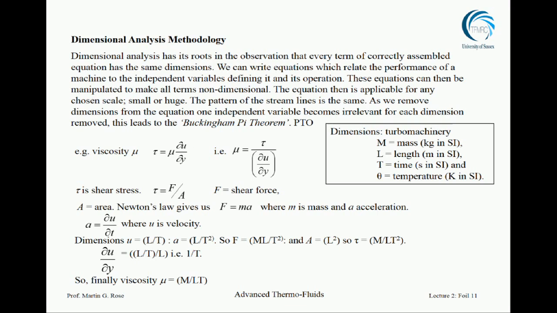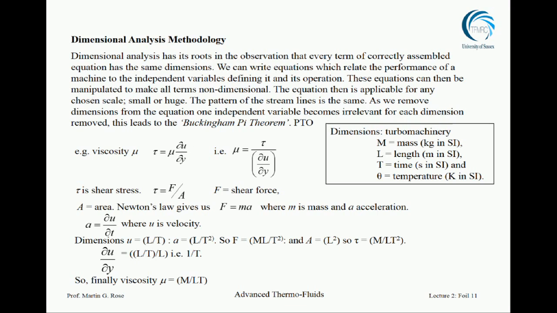And that is that if you write down any equation, no limits, any equation, and you write it down properly, so you have no mistakes in it, then every term in that equation must have the same dimensions. Are you aware of that? Some nods, some raised eyebrows. It is the case that every term in every equation must have the same dimensions.